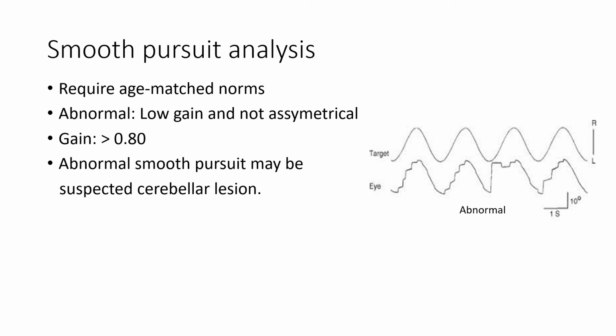When the result shows a low gain value of less than 0.8 and is not symmetrical, it suggests cerebellar lesions. For example here, the abnormal tracing has poor morphology as compared with the target.